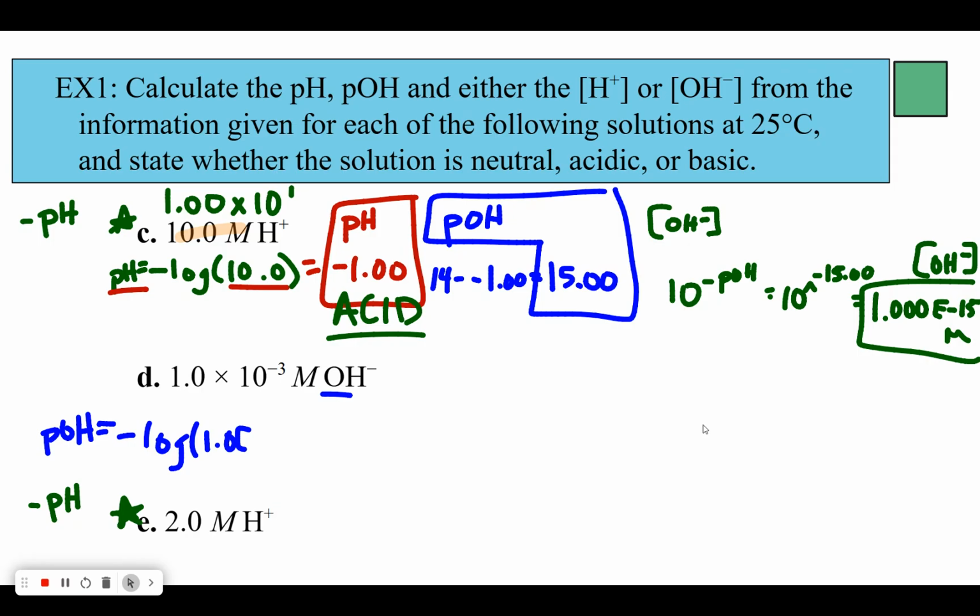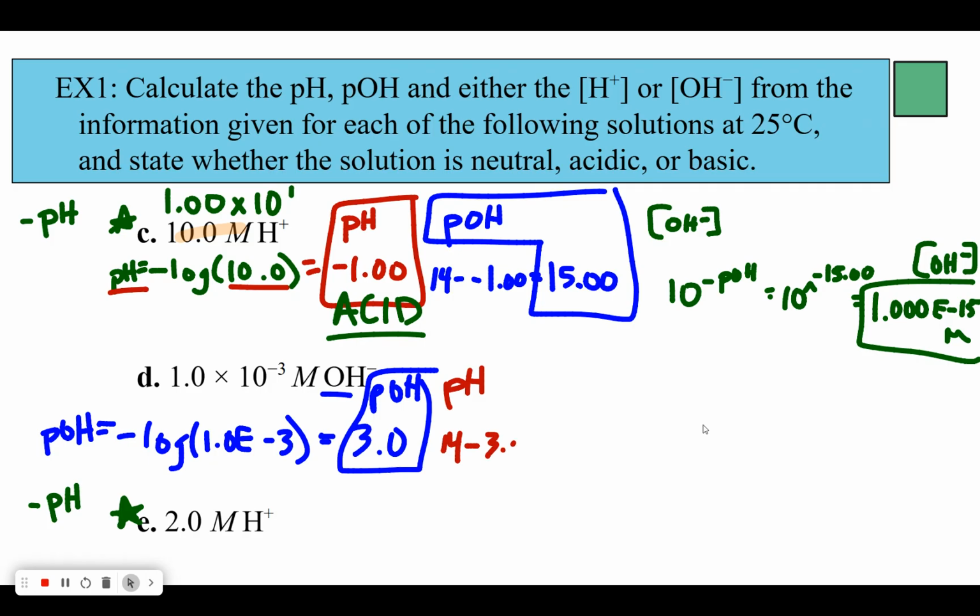So 1E negative 3 ends up being, surprise, surprise, 3, which then I can find my pH by subtracting from 14. 14 minus 3 is 11, keeping 1 decimal place on this.